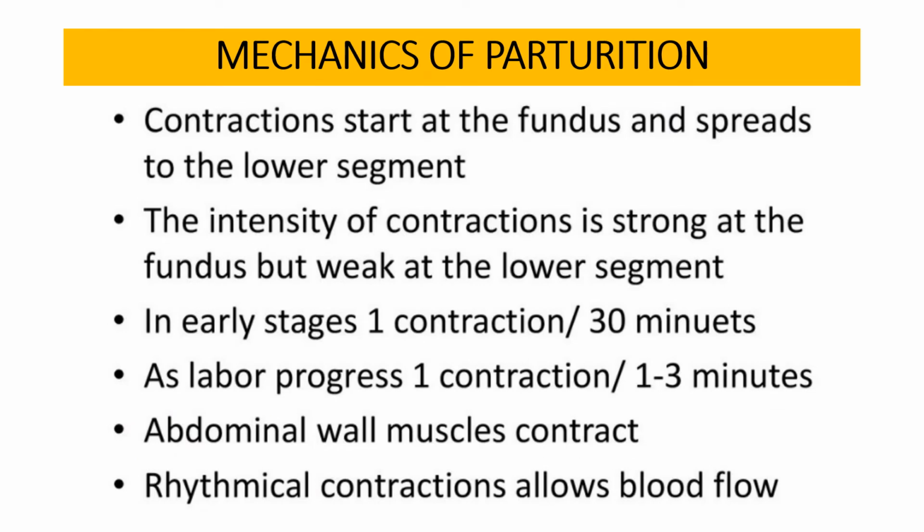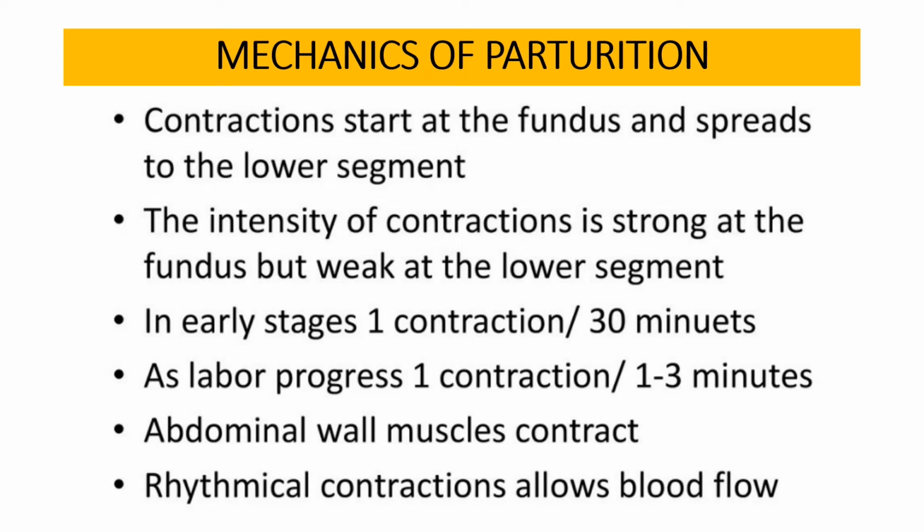Mechanics of parturition. What happens? There is an increase in uterine contraction. Contraction starts at the fundus and spreads to the lower segment. Toward the end of labor, the uterus is divided into two parts, the upper contracting part and the lower flaccid part.